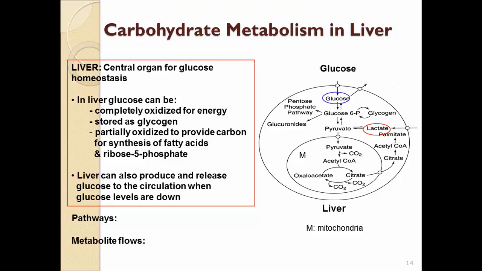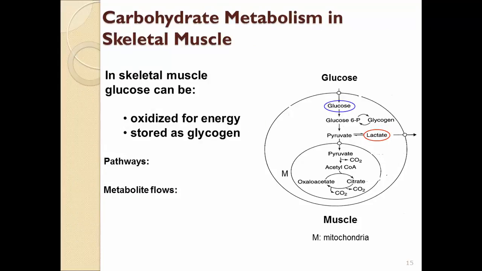You also probably want to know the diagram showing the different metabolic pathways, to be able to recognize which tissue or cell it is, for example, this cell could be liver based on the metabolic pathways that occur in this particular cell, right? Skeletal muscle, you can see, can do glycogen synthesis and glycolysis, and release lactate for gluconeogenesis in the liver.